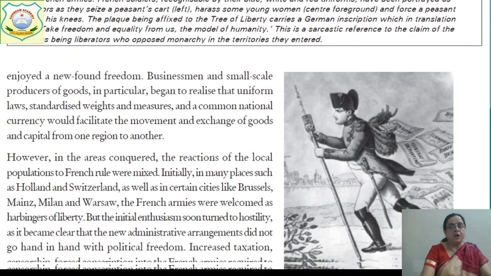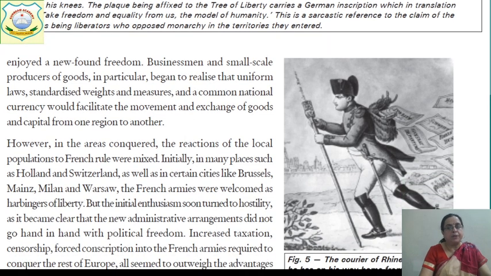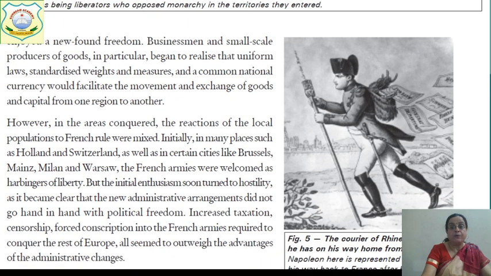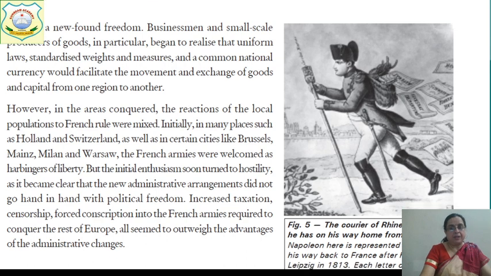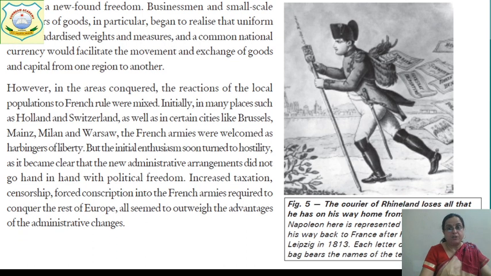In the areas conquered, the reaction of the local populations to French rule was mixed. In the very beginning, children, in many places such as Holland and Switzerland, as well as in cities like Brussels, Mainz, Milan and Warsaw, the French army was welcomed as a harbinger of liberty. They were welcomed because they were bringing liberty and freedom for the people.